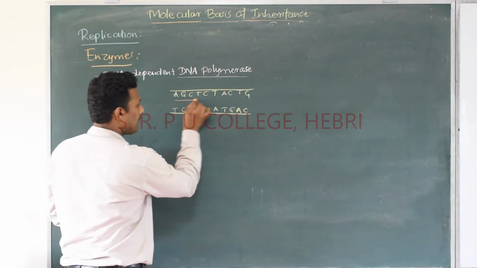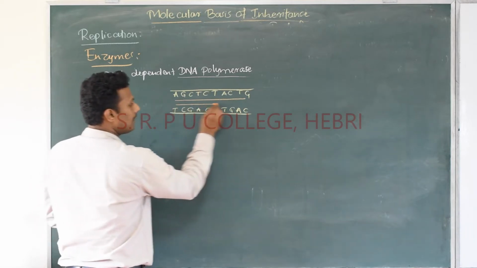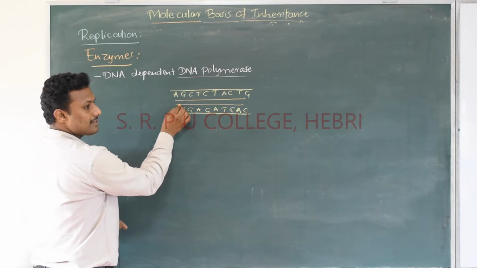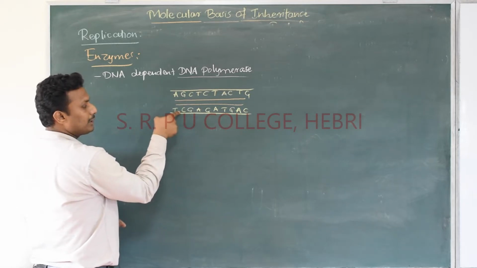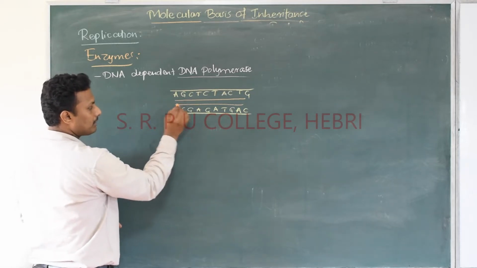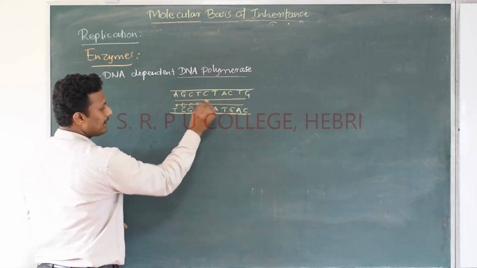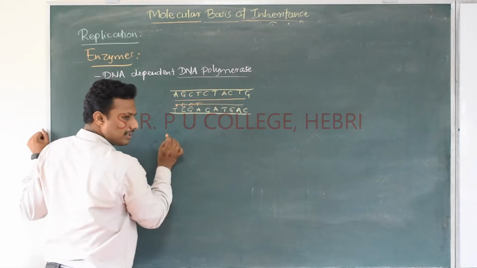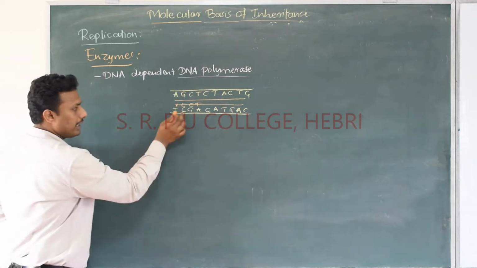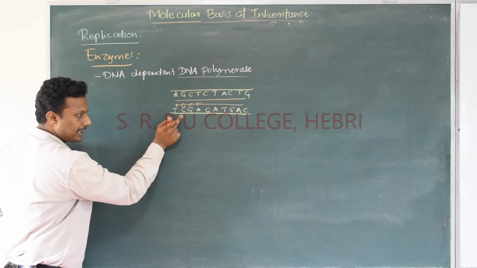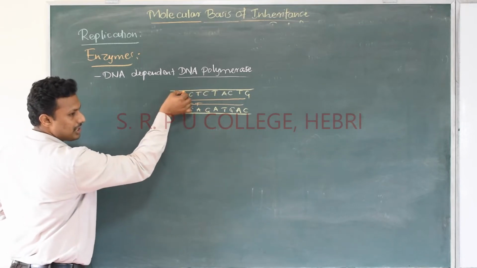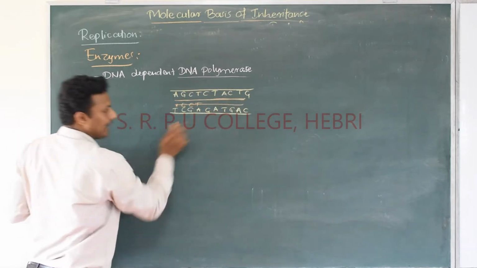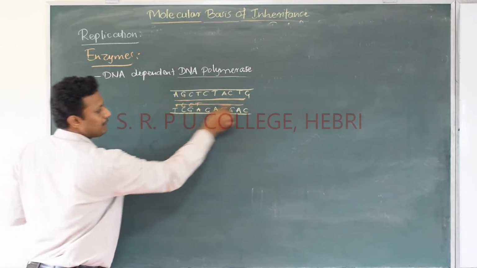So one new strand comes here and the other new strand comes here, and this strand will have a sequence of bases complementary to this one. Here if it is T, A comes, here G, C, T, right? So this strand will be exactly like this strand, yes or no? Try to understand. Look, these two strands are complementary, right? And this strand will synthesize this particular new strand, and this will help in the synthesis of this particular strand.